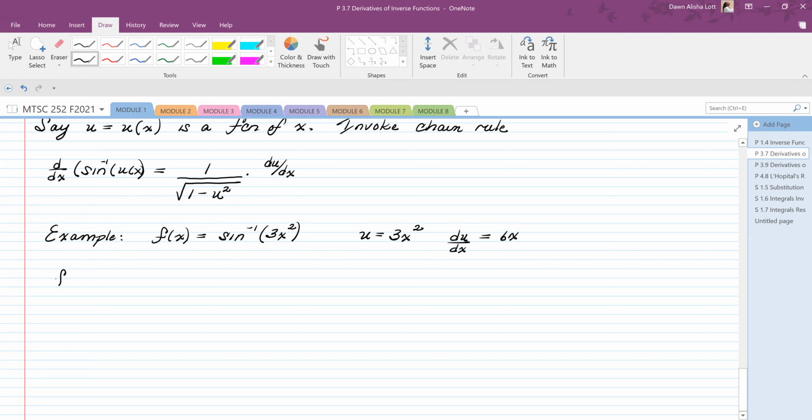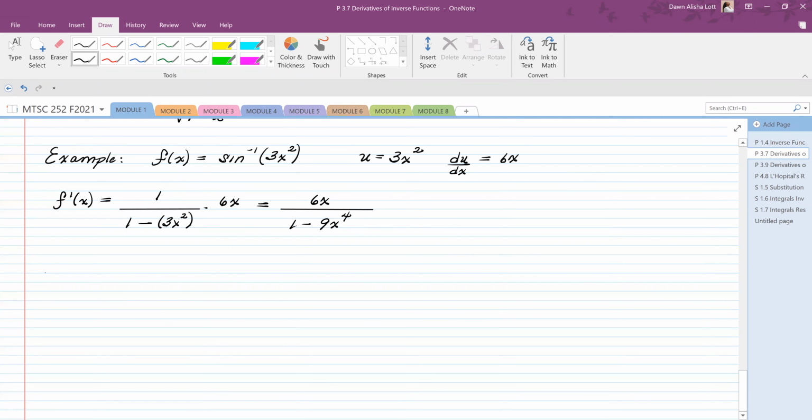So therefore f prime of x says take the derivative with the u in it. So that's going to give me 1 divided by the square root of 1 minus u squared, which is 3x squared. But now I have to multiply by du dx, so I get 6x. So this is 6x divided by the square root of 1 minus 9x to the 4th.